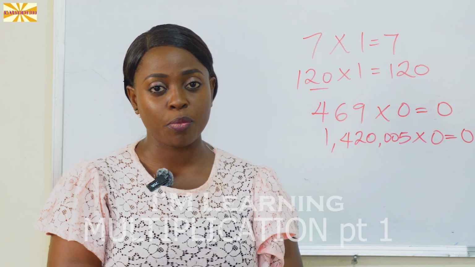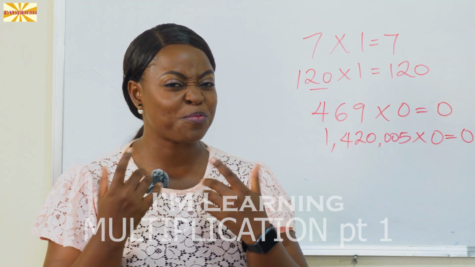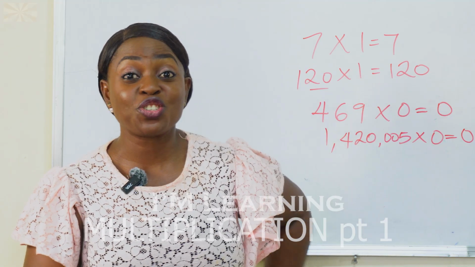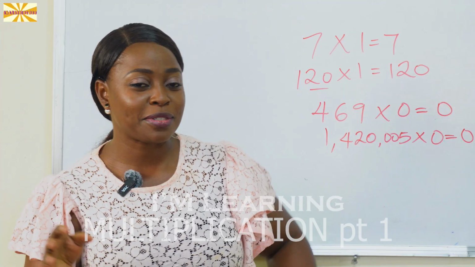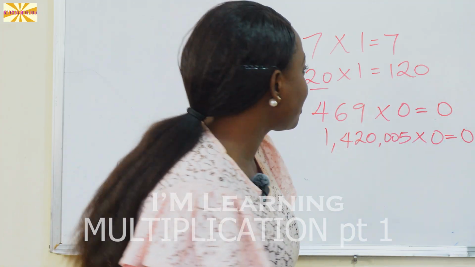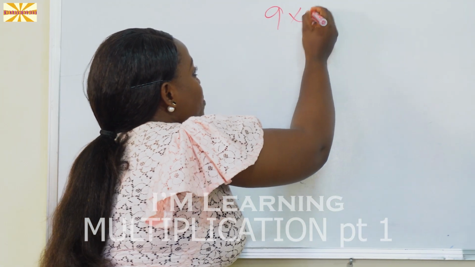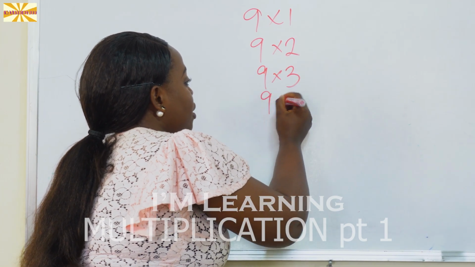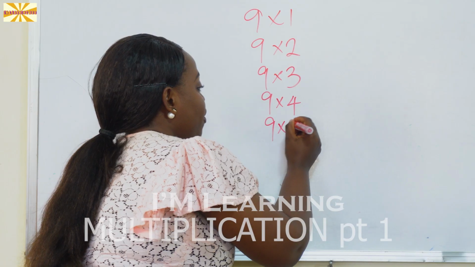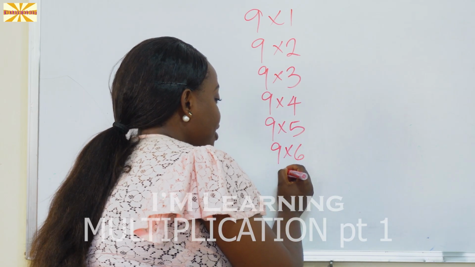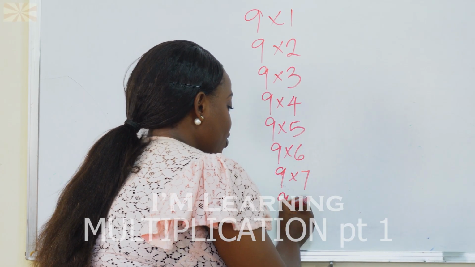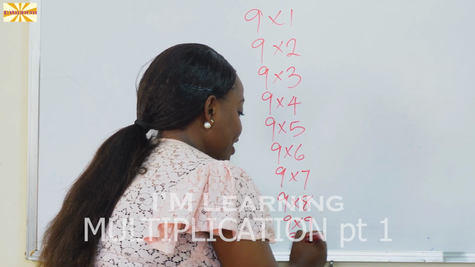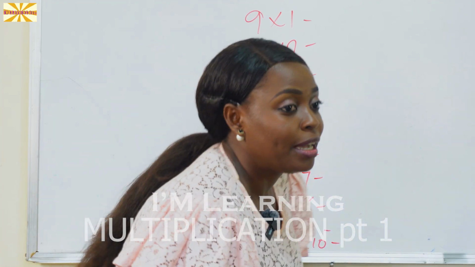Now the next multiplication table that we're going to be looking at, which is pretty interesting, is the 9 times table. Now there is a trick to solving the 9 times table, and I'll show you what it is. So I have 9 times 1, 9 times 2, 9 times 3, 4, 5, 6, 7, 8, 9, and 10.